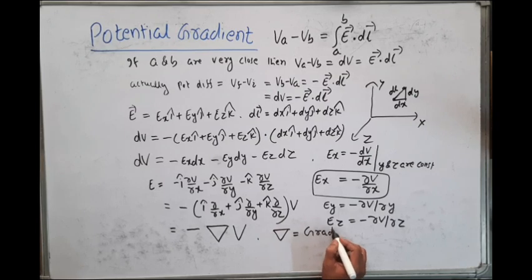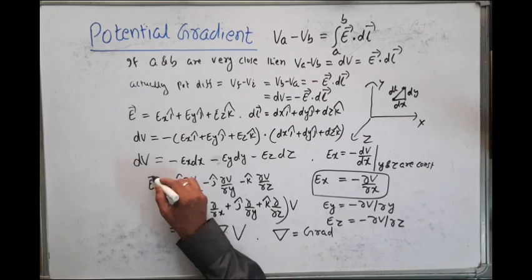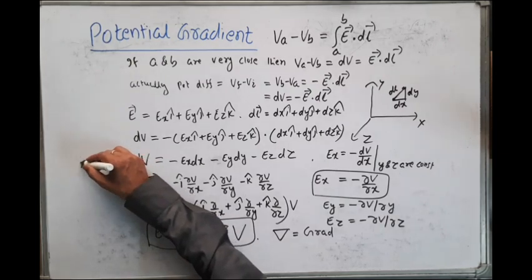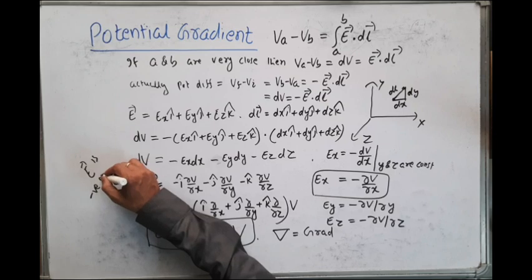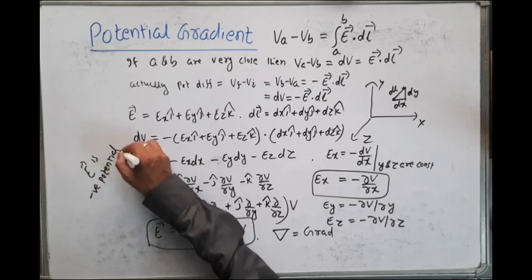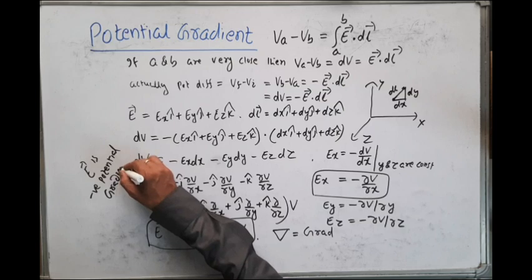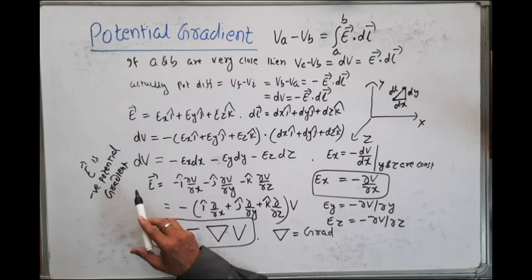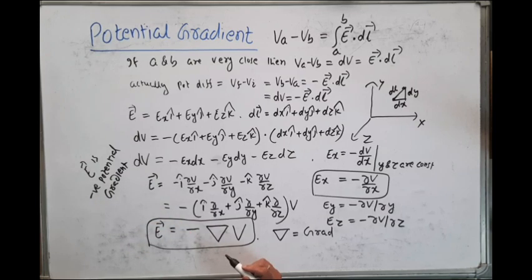Or you can say the electric field intensity is the negative of the potential gradient, where V is the potential and this is the gradient. So electric field is the negative potential gradient, that is dV by dl.